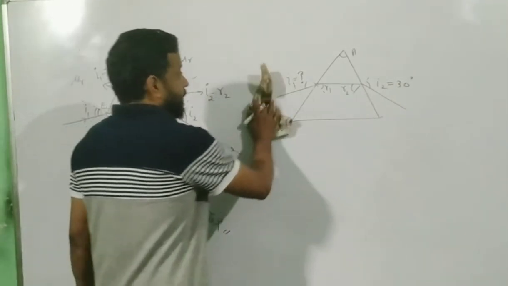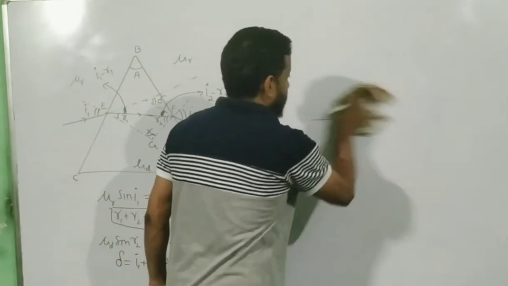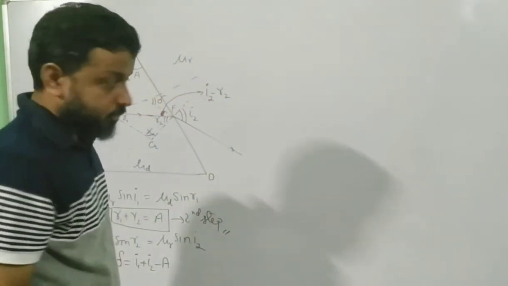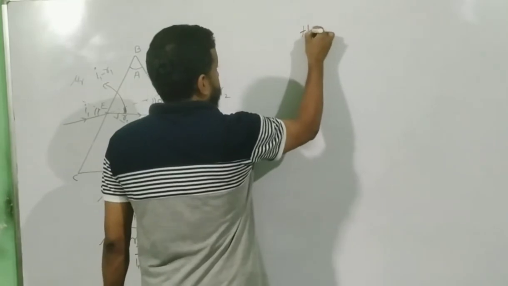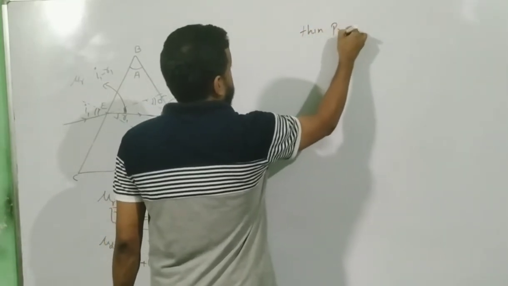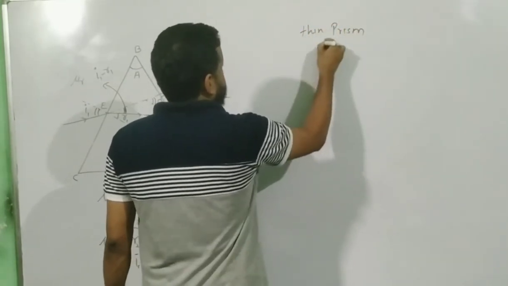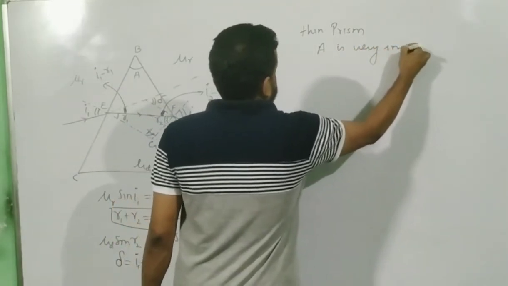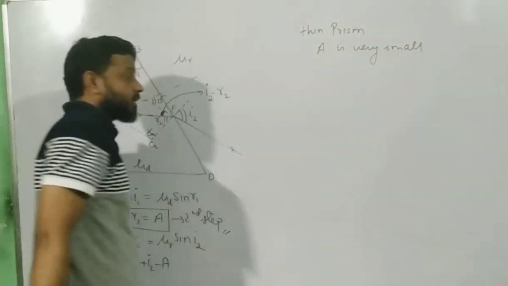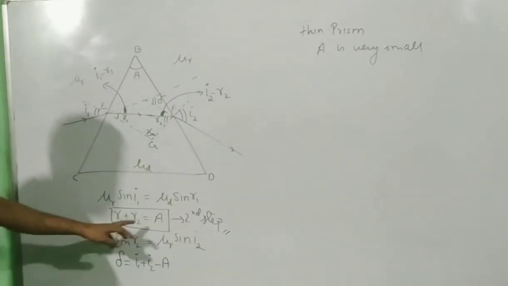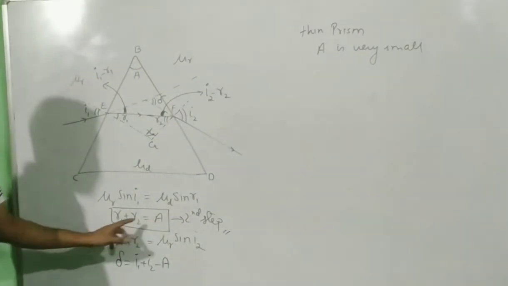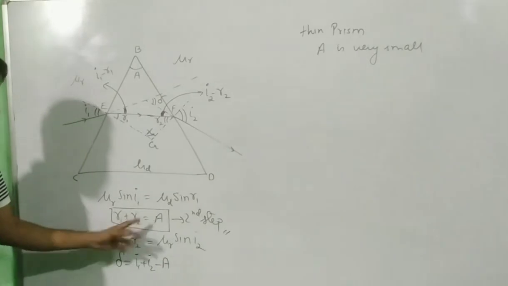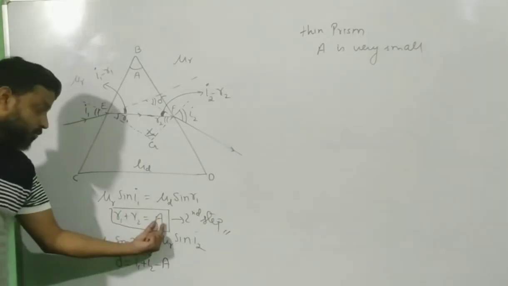Next thing which we have to discuss is thin prism. Thin prisms are those prisms whose A, angle of prism, is very small. So if A is very small, obviously R1 plus R2 added together must be very small.